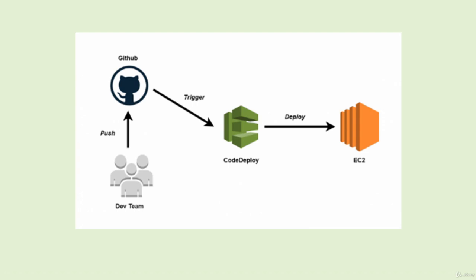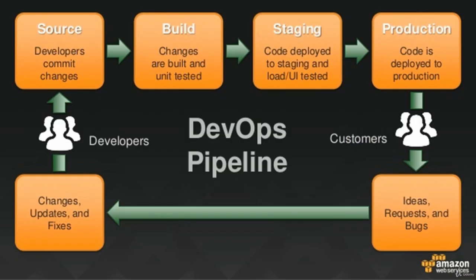It is simply deployed in a scenario where we may have a developer team that pushes their request to a GitHub or Git repository, which triggers CodeDeploy and deploys via an EC2 instance or Lambda. It is a part of a DevOps pipeline or software development life cycle, which may follow a certain model, such as iterative development, incremental enhancement, waterfall, build-and-fix, and different models, where we have a source, a build, staging, production, and different things.